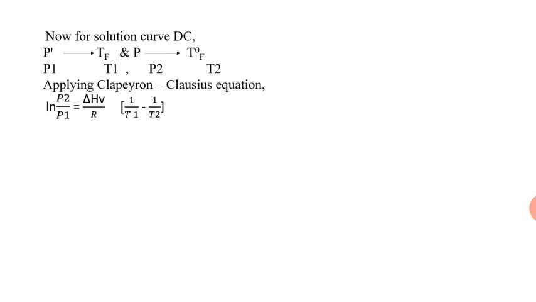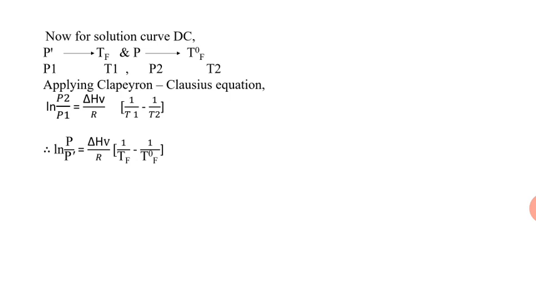Now putting the values of T1, T2, we get ln P upon P dash is equal to delta Hv upon R inside the bracket 1 upon Tf minus 1 upon T0F.